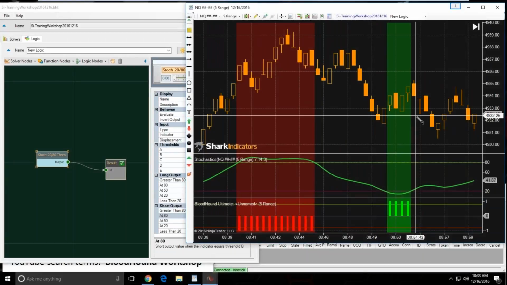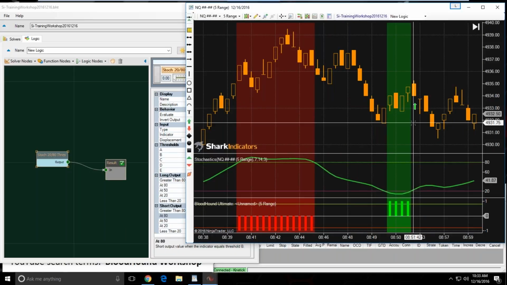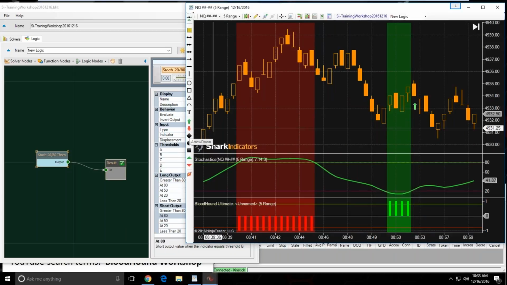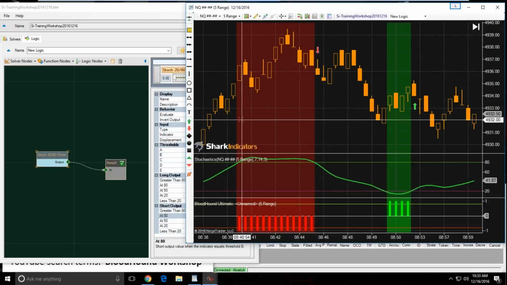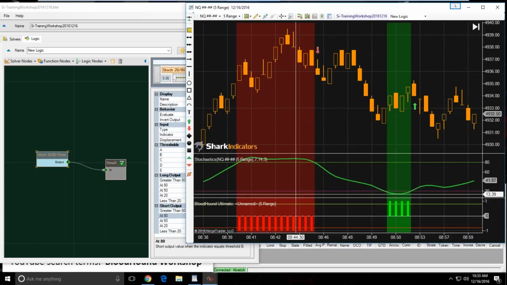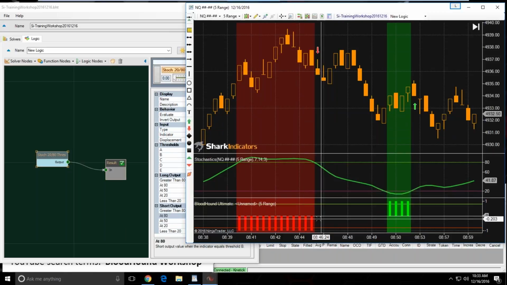So Thomas, I think what you want to identify would be that bar and that bar after the output turns off. Is that what you're looking for? Okay. All right, good deal.